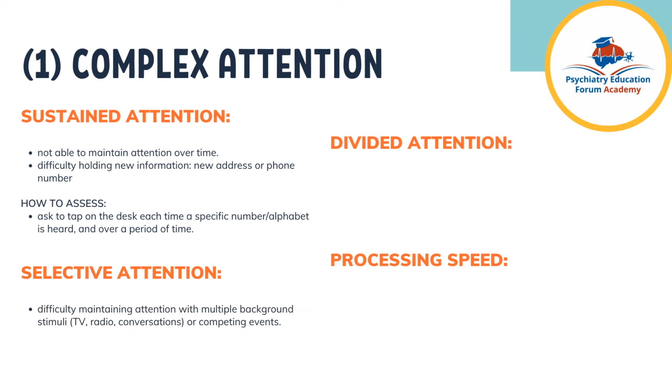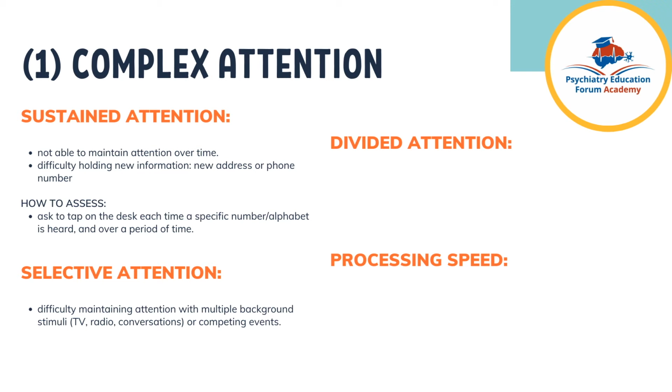So here is an example. When there are multiple inputs happening in the background, multiple stimuli, like a TV or a radio or many people talking, they have difficulty maintaining attention. Some people say they get tired very easily, and we'll talk about this in other neurocognitive domains also moving forward. But that is a very typical example of a selective attention deficit.